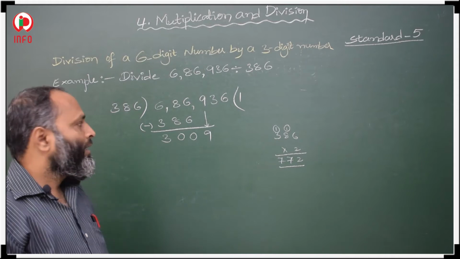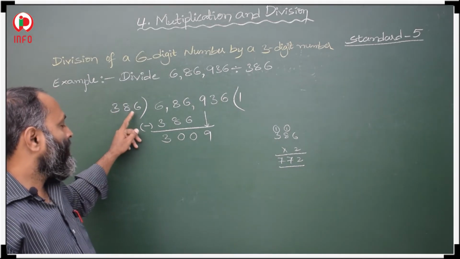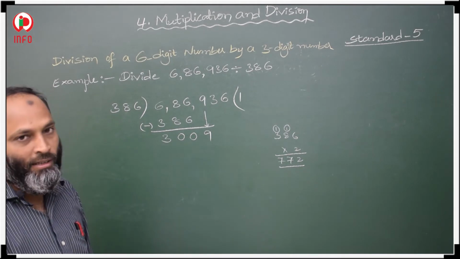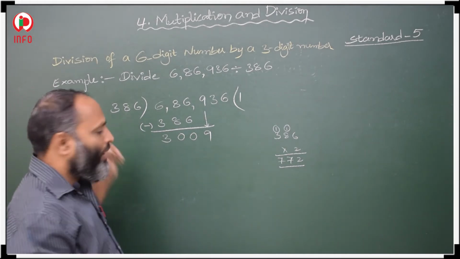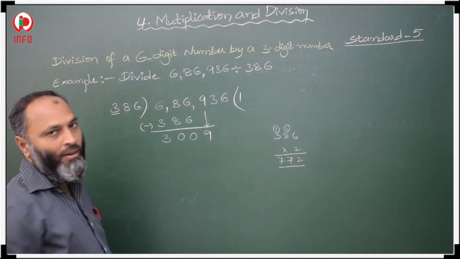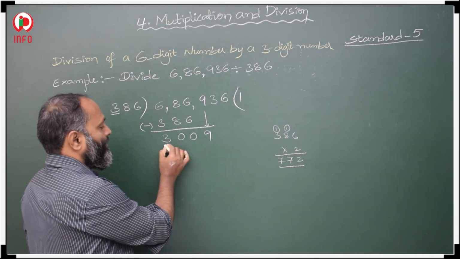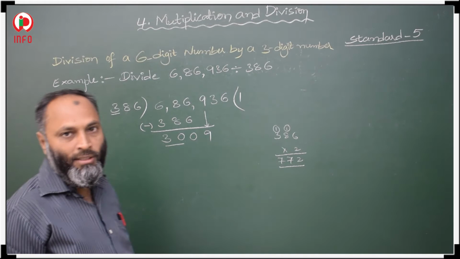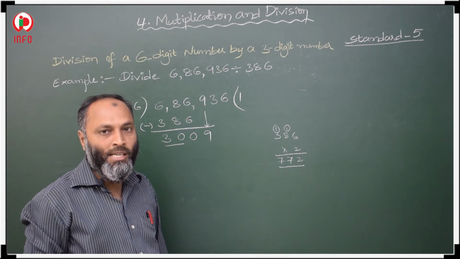3009. In 386, when will we get 3009? So first, how to check? In the same way here. Here you have to take 2 digits. In the 3 table, when you get 30, 3 tens are 30.